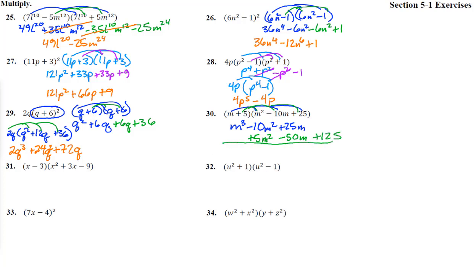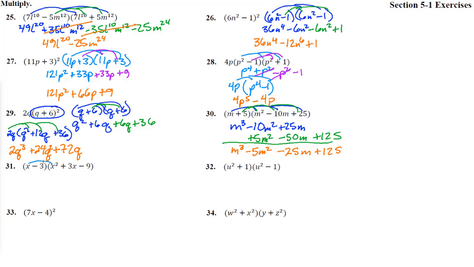Whoo-wee, that's a big long one. So we have 6, but luckily 2 of them combined together, so we only have to write out 4 terms. M cubed minus 5m squared minus 25m, and then plus 125. Cool.